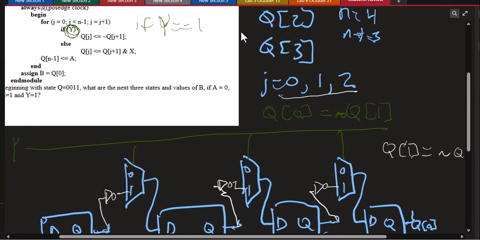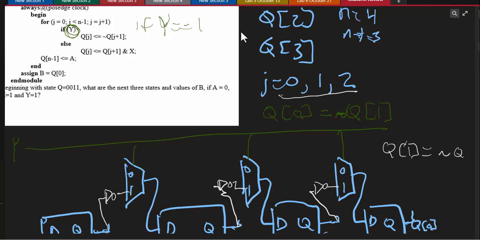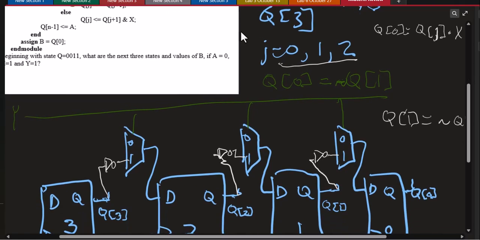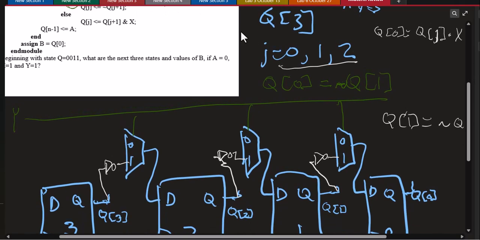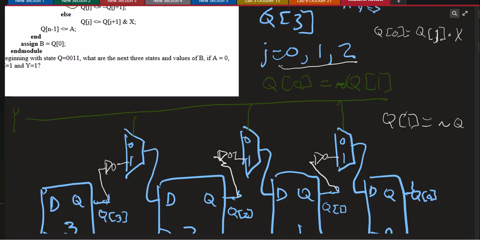Then the else is if y equals 0. So if y equals 0, let's just look at q of 0. Q of 0 becomes equal to the and of q of 1 and x. Well, I don't have an x yet, so I need to have an x variable. So we'll draw another wire for x.